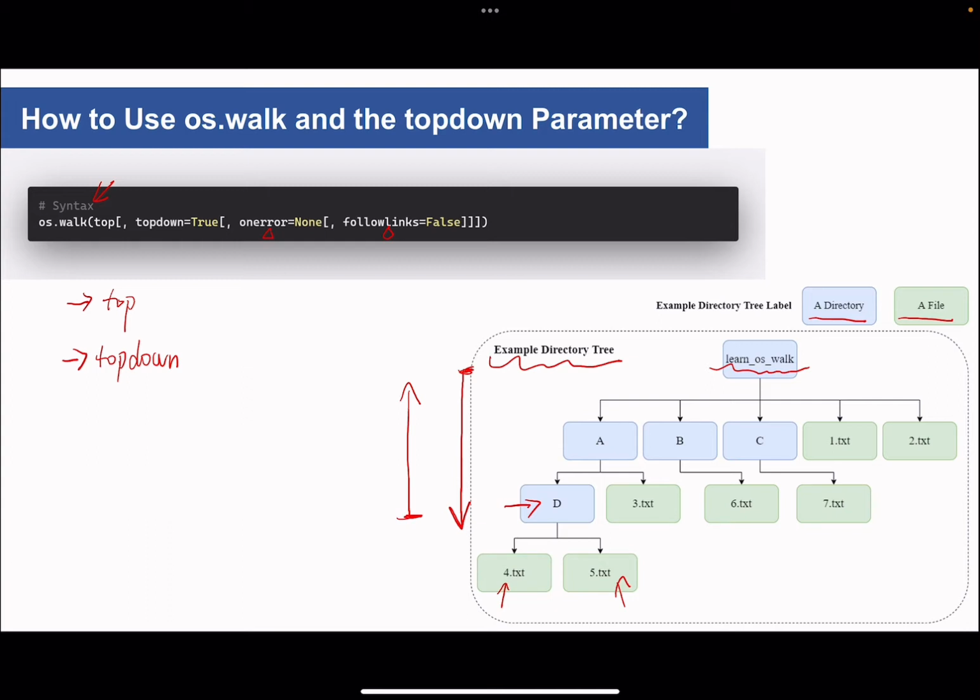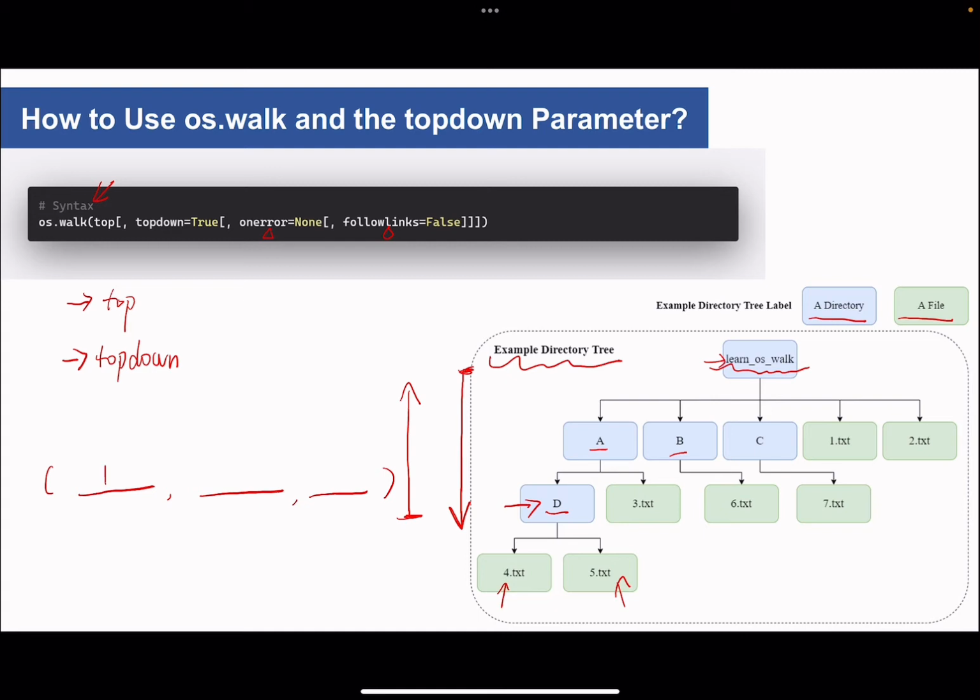As for the output, os.walk will yield a 3-element tuple one by one. And one tuple contains a path string of a directory in the directory tree. For example, D or A or B or itself as the root directory in the directory tree.